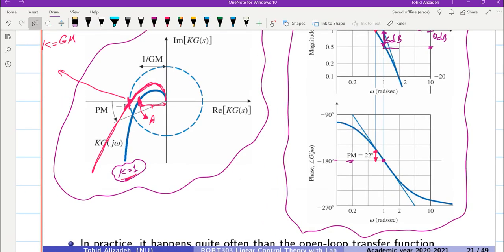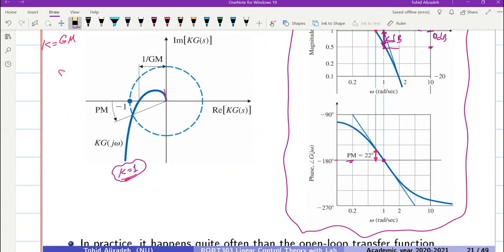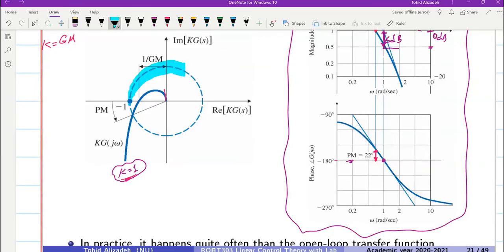We can also determine it by referring to the Nyquist plot. To do that, we need to draw a circle with the radius of 1 and the center at the origin.